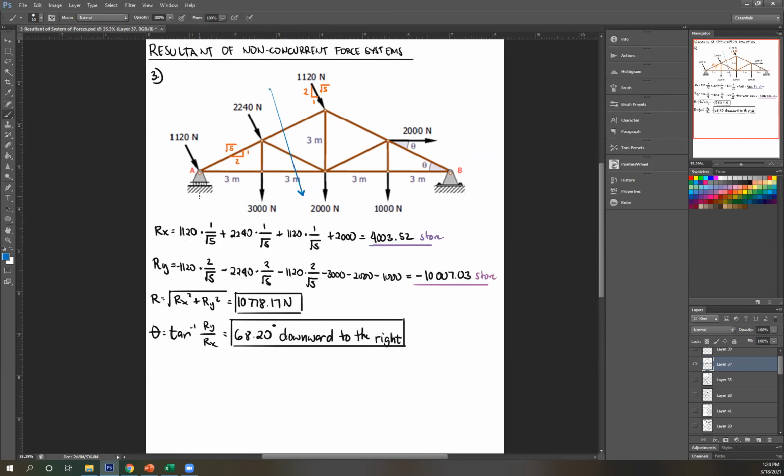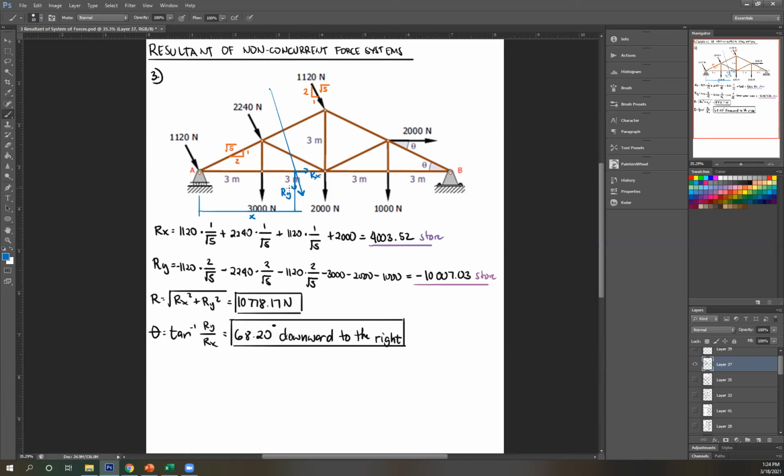Okay, now what we're looking for is its intersection. So you're gonna take a reference point. Let's say A. I want to take it from A. Okay. So this is the point of intersection. So let's call that X. Resolve your resultant into Rx and Ry. So this is Rx.